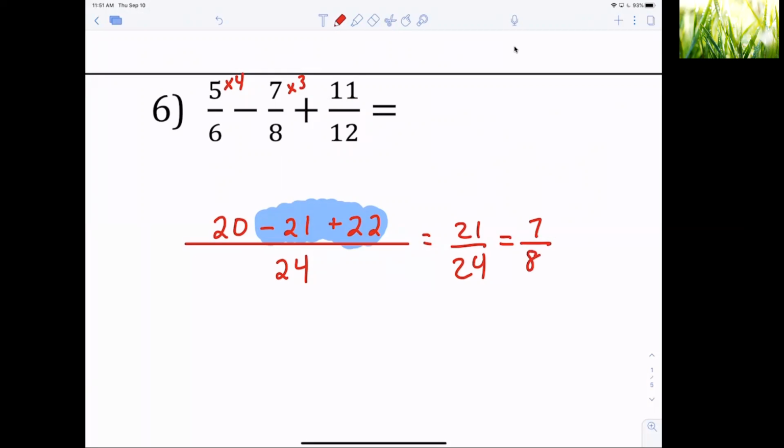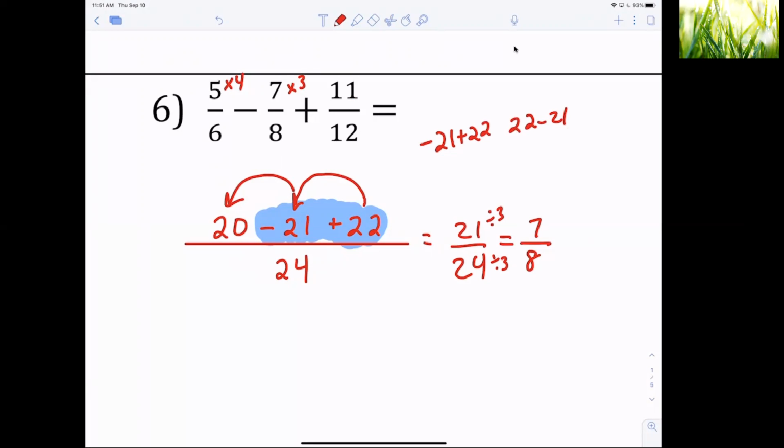How did you do 21? What's 22 minus 21? 1. 1 plus 20. Not negative. Oh, 20. That's what I'm saying, right? Yes. Right, because again, I'm trying to show you, instead of saying negative 21 plus 22, we can say 22 minus 21. Yeah. That's the same.